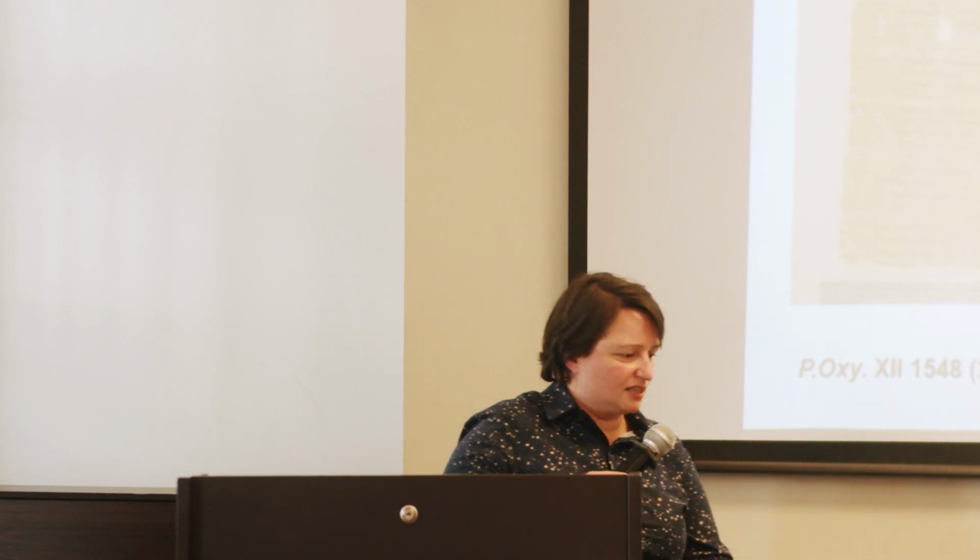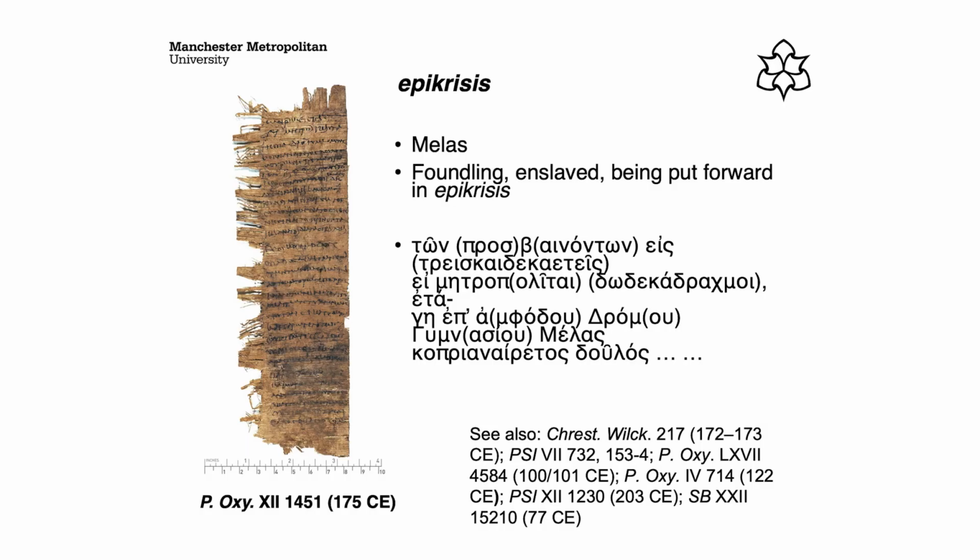We get this in things like this. We'll talk about this more, but this is an exception to this rule. This is a boy, Melas, who was a foundling, an exposed infant, abandoned, who was collected and raised with his destiny, unfortunately, being slavery.